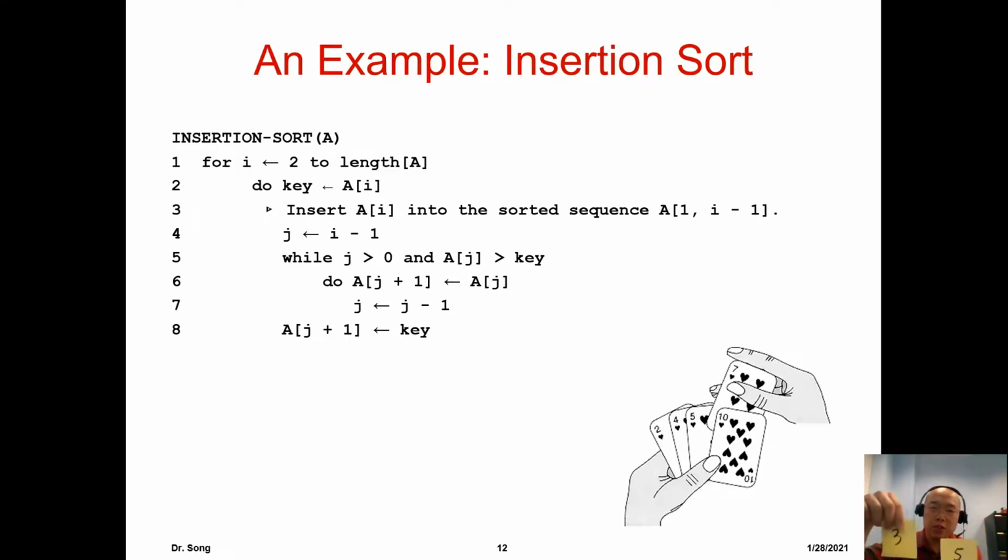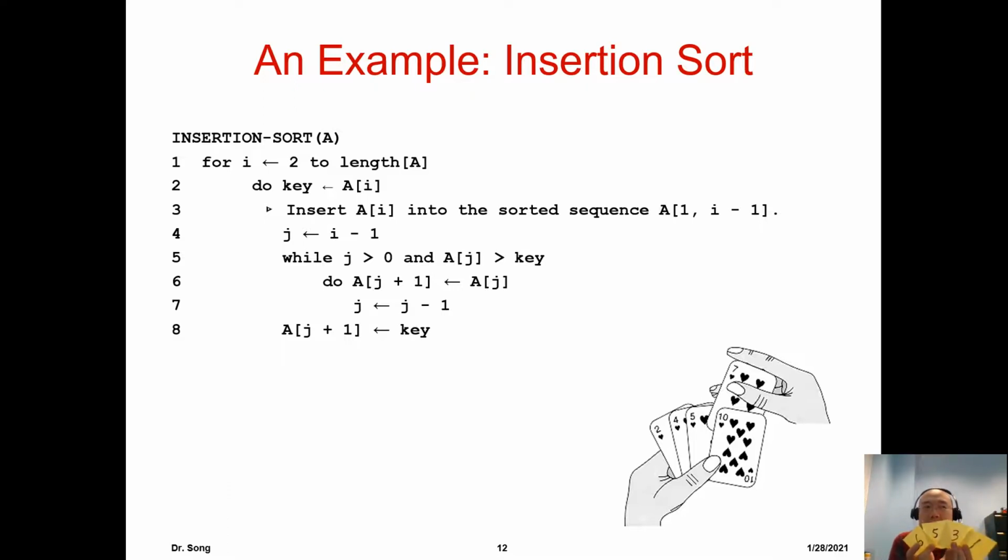So 3 should go lower, so I have 3 on the left side. And then I draw another card, a 6. 6 is greater than 5, so 6 goes here. And eventually I draw 1, so 1 is even lower than 3, so 1 goes here, right? Oops, I don't have big hands. Okay, but this is how we do the sorting.